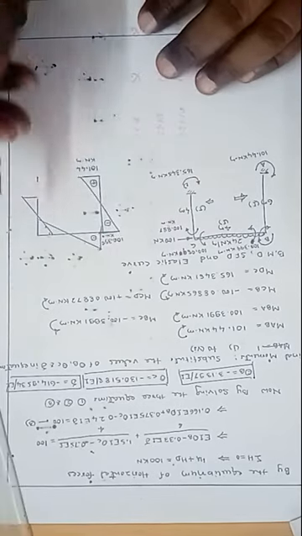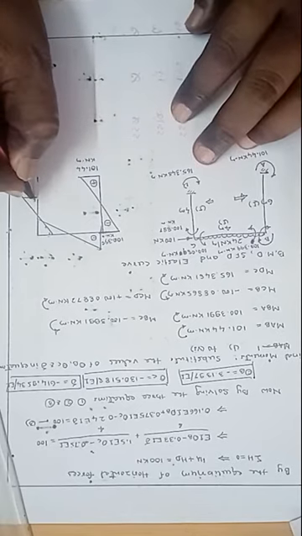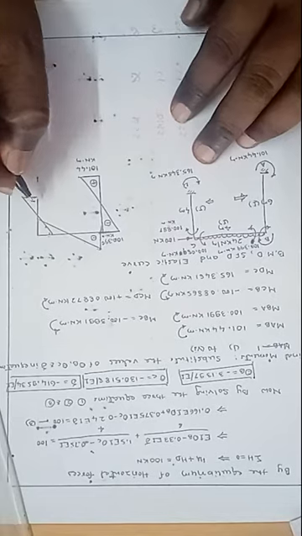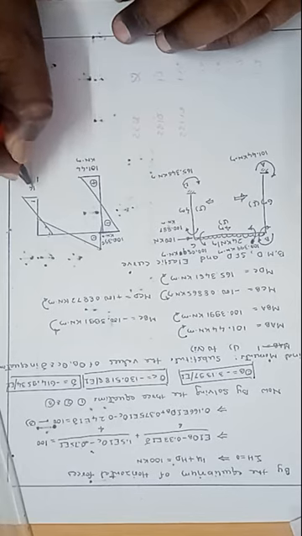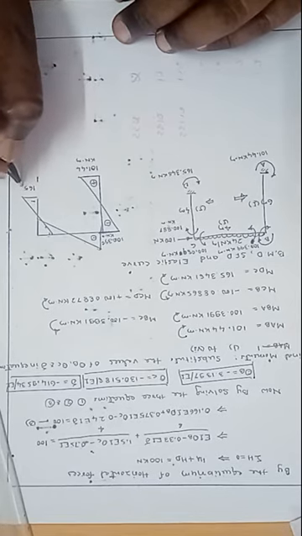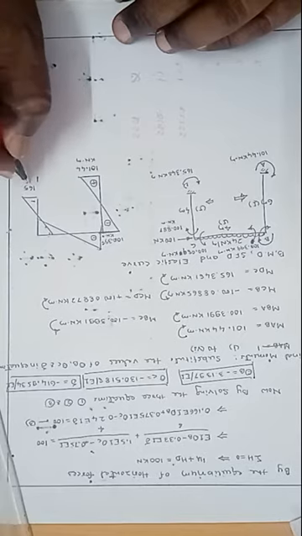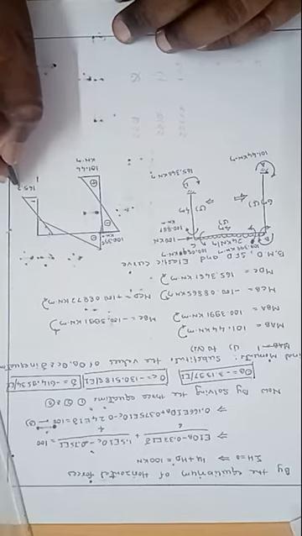Here this one is negative bending moment, 165.348 kilonewton meter, hogging or negative bending moment.